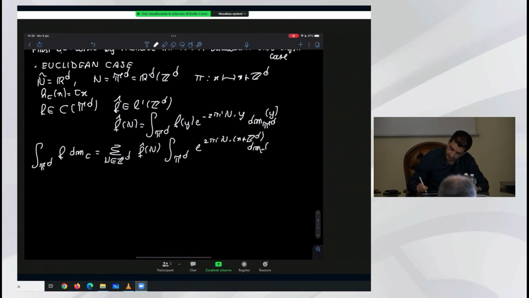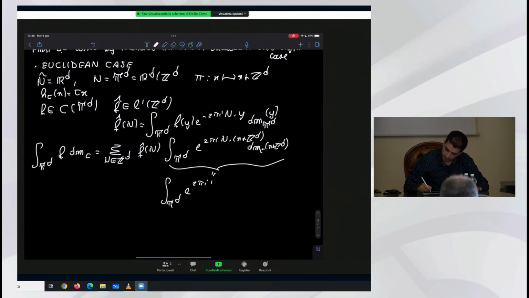But now I unravel the definition of my measure m_t, and so this integral becomes the integral of e to the 2 pi i n dot x d mu_t. Remember that, sorry, this is now over R^d. Remember that I defined m_t as the projection of mu_t on the torus.